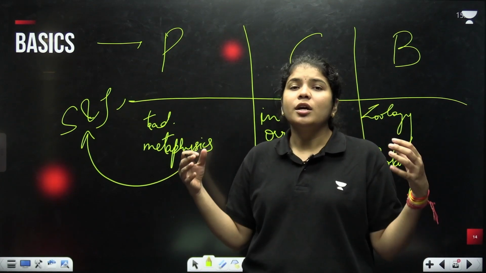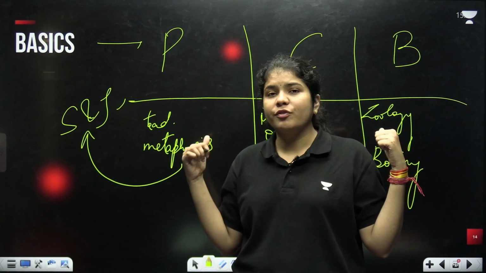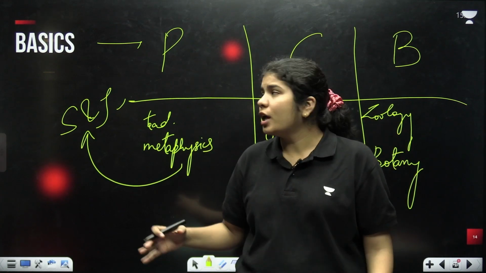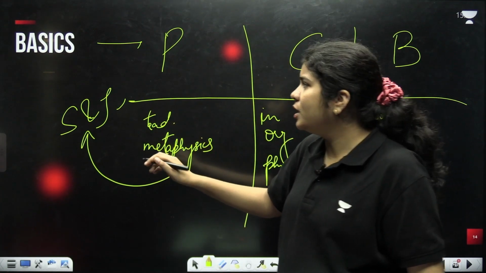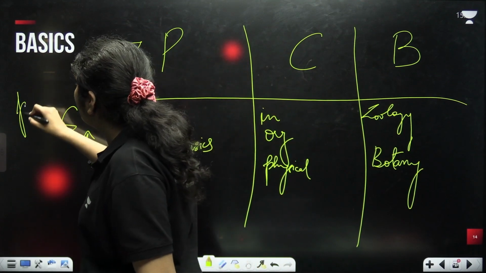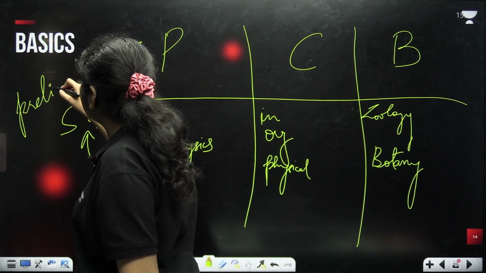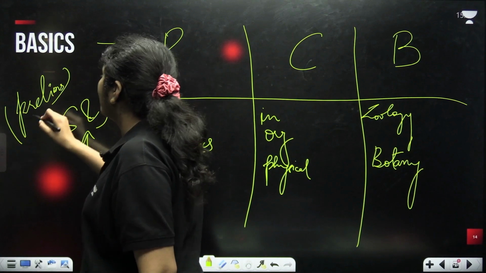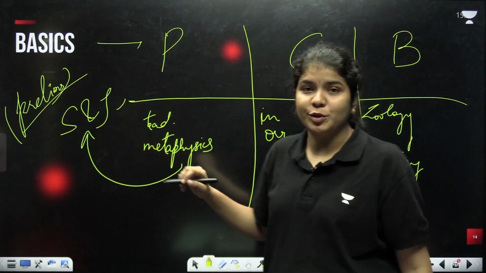Which is why this particular topic is given utmost importance, and these particular topics are basically asked in your prelims examination, which we all know is an examination which is for the purpose of eliminating people.